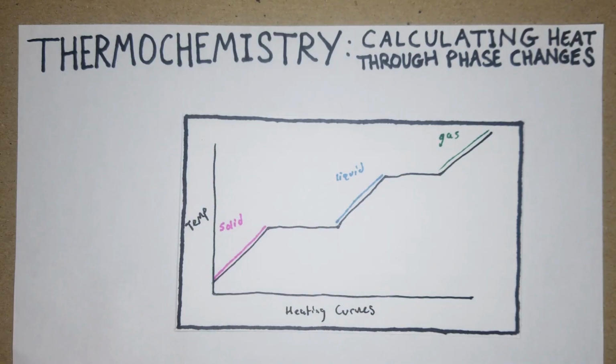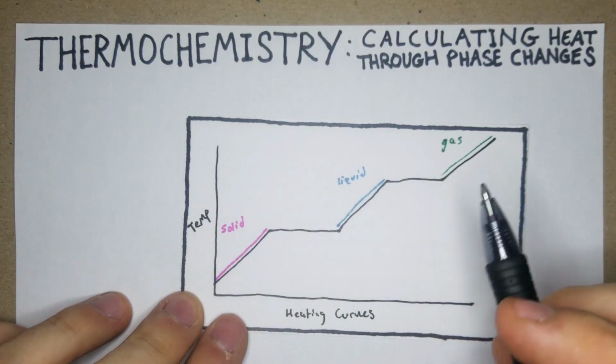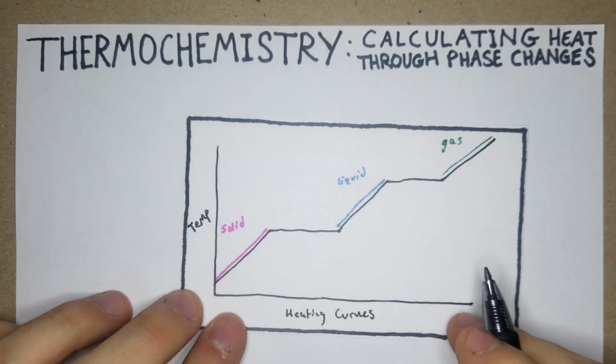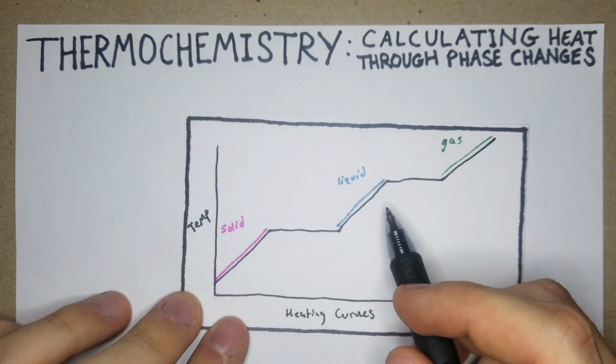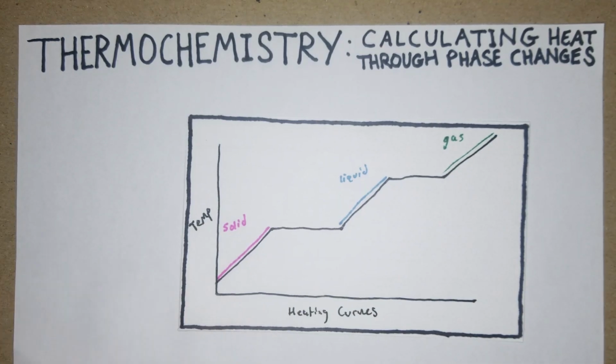Basically, we're going to use the different slopes here to figure out which formula we're going to use when we're converting from one state to the other. First of all, anything that's a sloped line, we're going to use the same formula. So let's draw this out here.